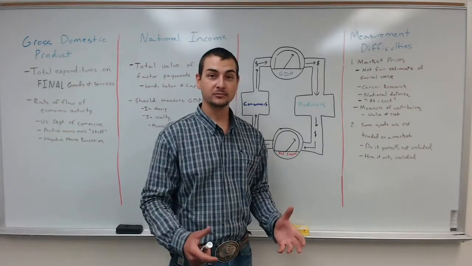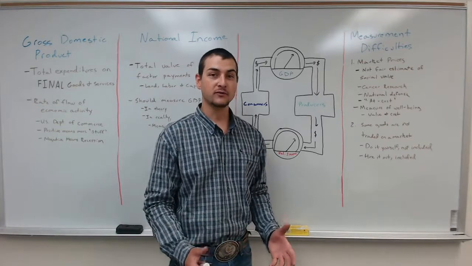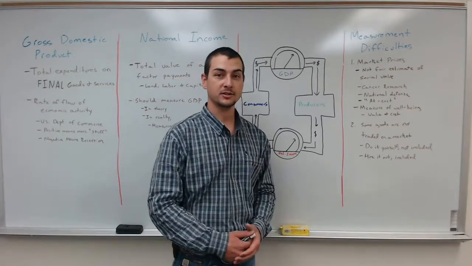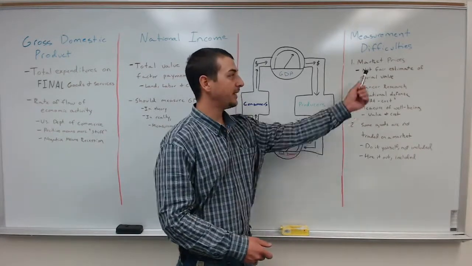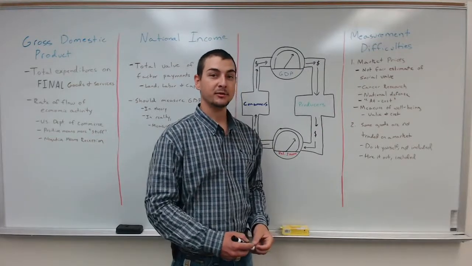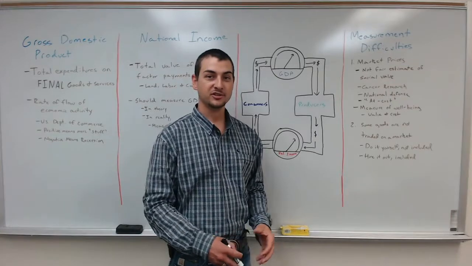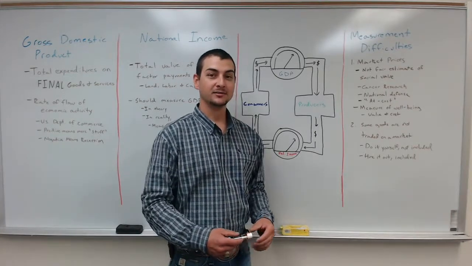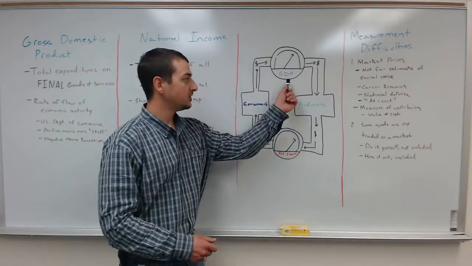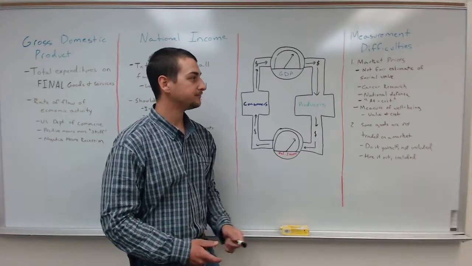We're not showing the value, we're showing the cost. And that is different from many goods that are in markets, because the market price is often different from the cost of production. So that's one of the main difficulties that cause GDP to be different from national income.